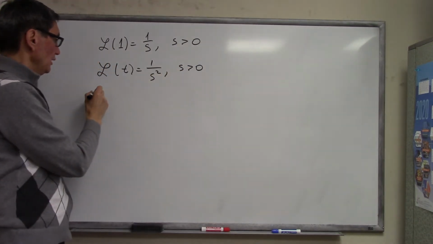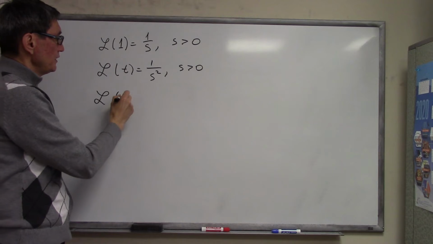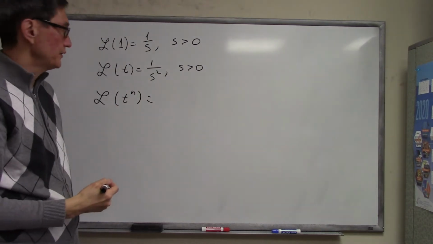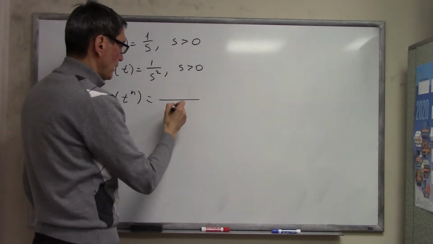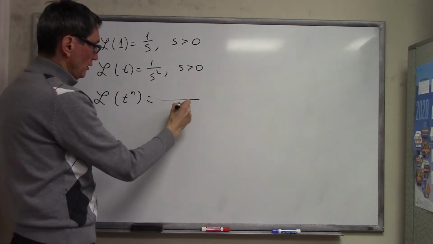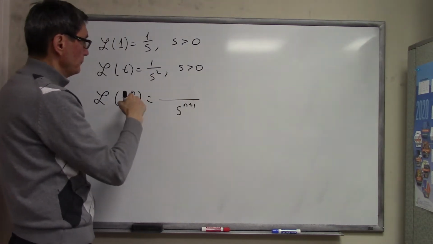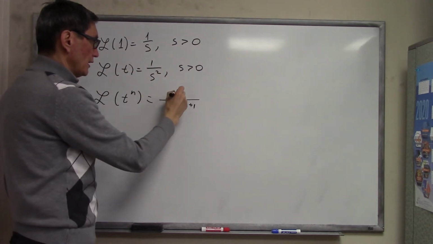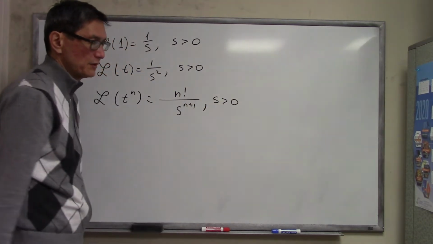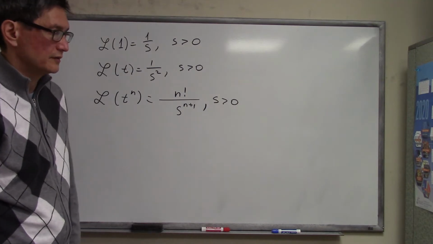In general, Laplace transform of t to the n equals, if you follow the same pattern, you notice that the power of s will be 1 bigger than the power of t, and on top we're going to have n factorial, assuming that s bigger than 0. Domain is s bigger than 0.